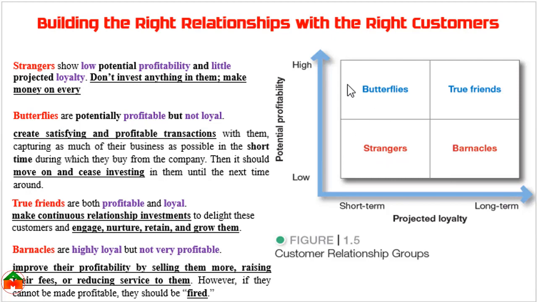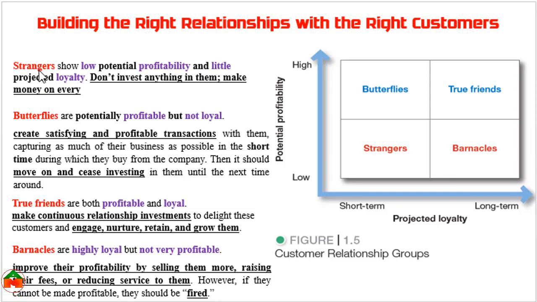Here we can see a diagram showing the customer relationship groups. We can see there are 4 relationship groups according to their profitability and projected loyalty. Each group requires a different relationship management strategy. Here we can see strangers.